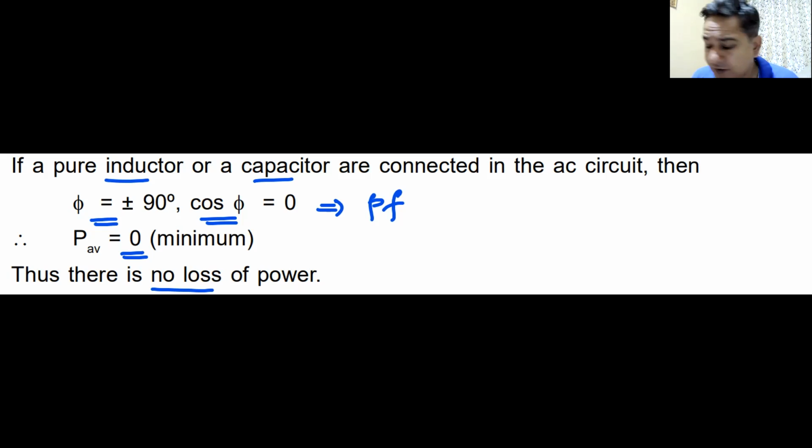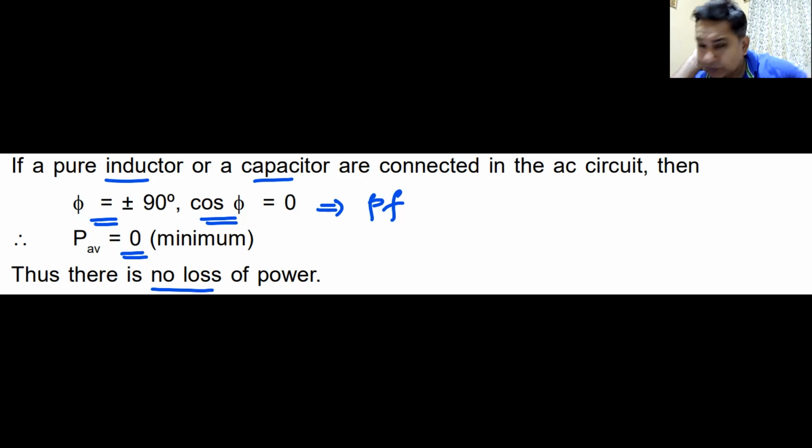So we have seen the case where it's a pure resistive circuit. In a pure resistive circuit, phase angle phi is 0. If it is a pure inductive circuit or pure capacitive circuit, phase angle is plus or minus pi by 2, depending on whether the voltage is leading or lagging.